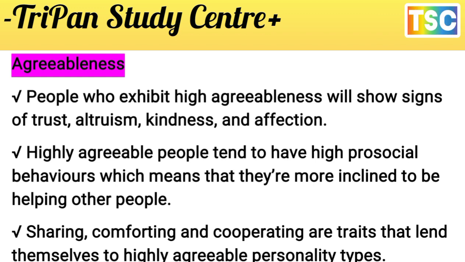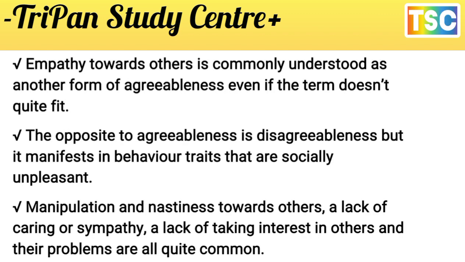Highly agreeable people tend to have high prosocial behavior, which means they are more inclined to help other people, sharing, comforting, and cooperating. Empathy toward others is commonly found in this type of person.